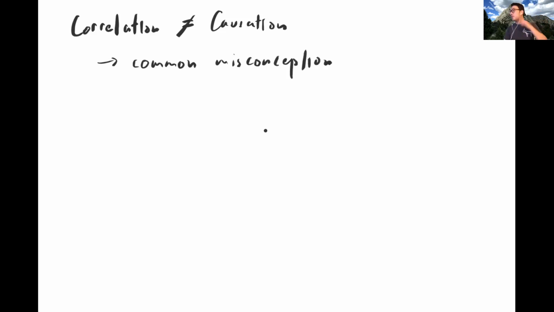Actually, even though many people know about this, oftentimes when we talk about interpreting outcomes from regression results, people will still think of the effect of X on Y and interpret it causally, even though that's not the case.